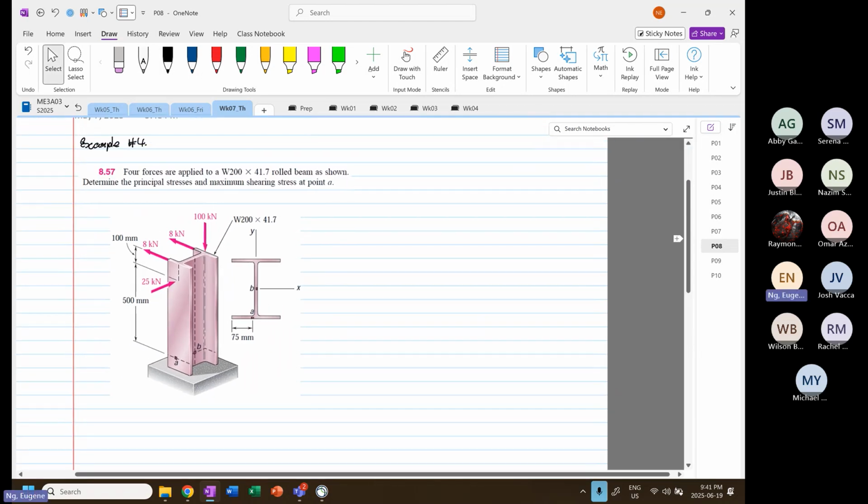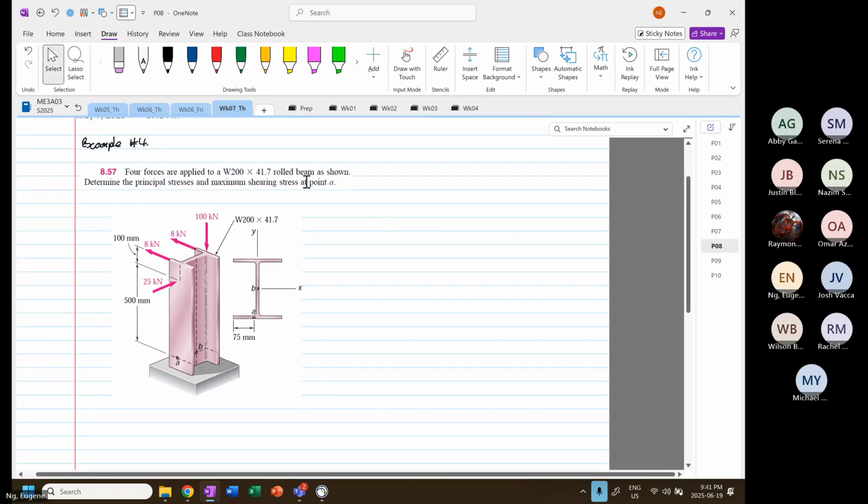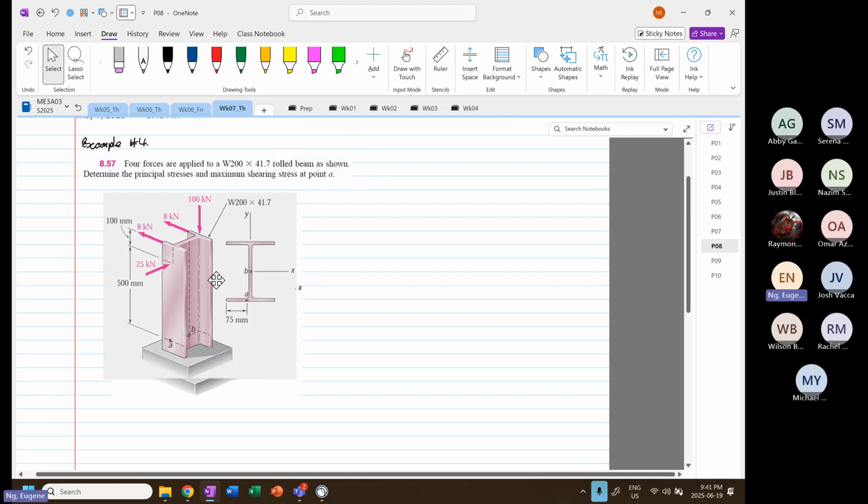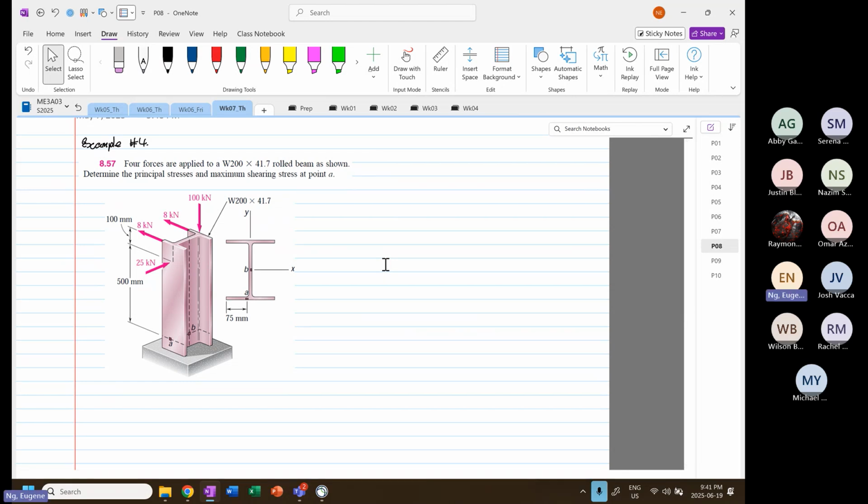Example number 4. The 4 forces are applied to a W200 x 41.7 beam as shown. Determine the principal stresses and maximum stresses at the point.